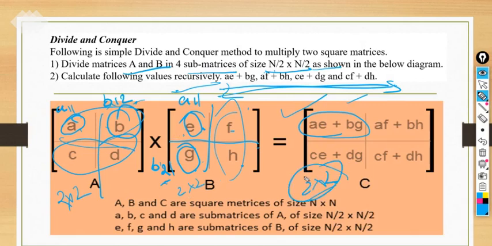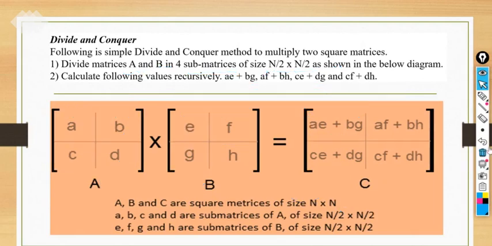Wherever there is a need, you divide into sub matrices in the n by 2 format, and at last after solving the sub matrices you combine them using outer, extra memory. That's why we said merge sort is also an example of an out-of-place sorting technique, right?